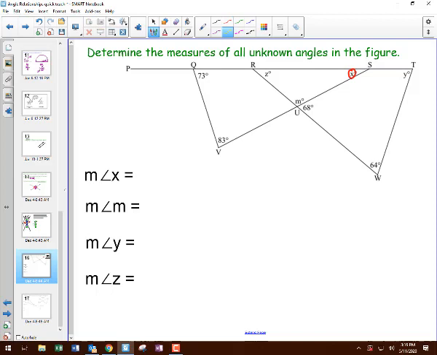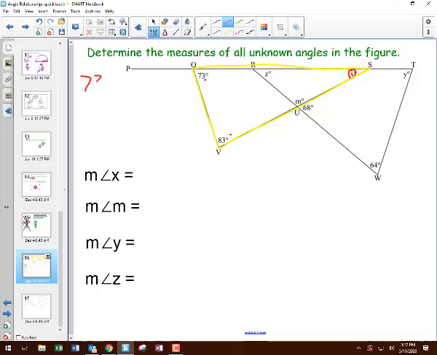We're trying to find x here, and so I want you to see this triangle right here. As I look at that, I see I have a 73 and an 83 put together right there. And so now all I have to do is add those two together first.